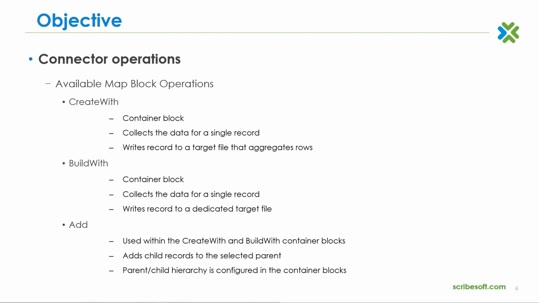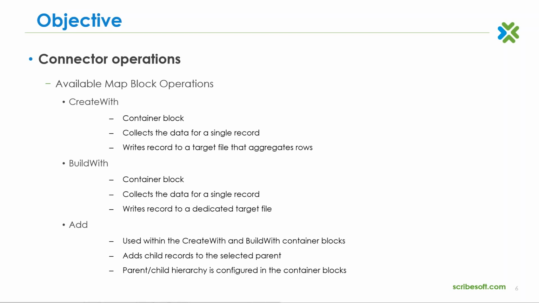Oh, okay. All right. Well, that makes sense. Well, how about this add block that you're referring to here on the screen? Right. And the add block, as I mentioned, the other 2 being the containers, you are using add blocks within the containers. You can use any other Scribe block as well within the containers, but the main point here is at some point you're going to be adding records to hierarchical structures.